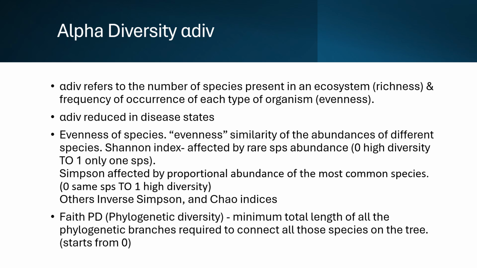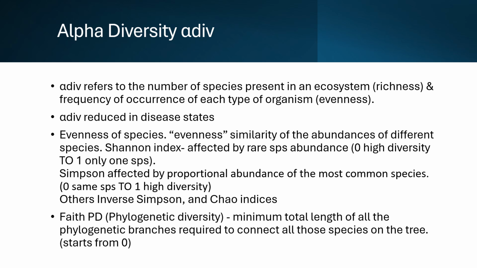Alpha diversity. Alpha diversity refers to the number of species present in an ecosystem, richness, and the frequency of occurrence of each type of organism, evenness. More diversity in a sample is indicative of health. Evenness is the similarity of the abundances of different species.